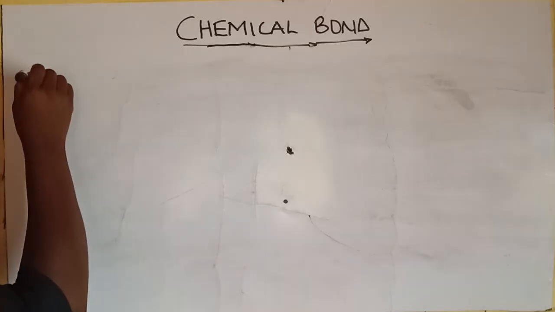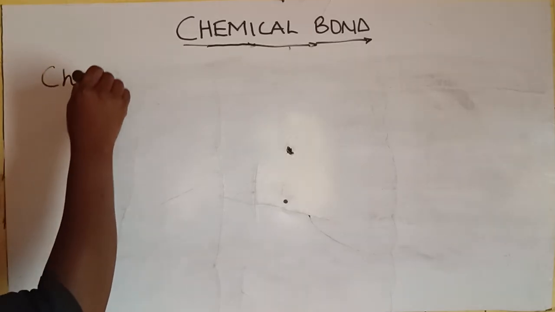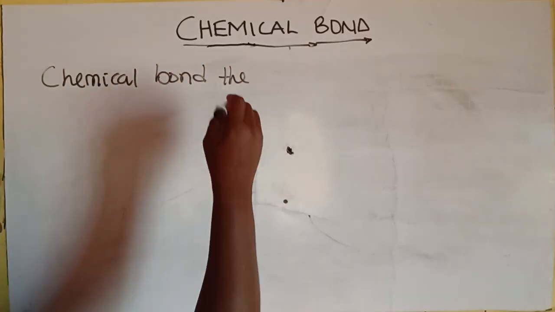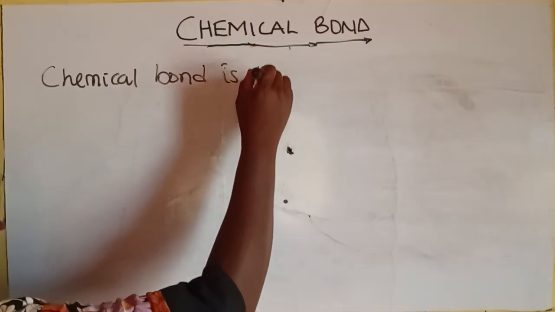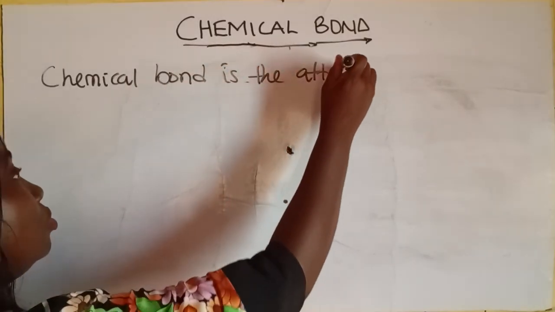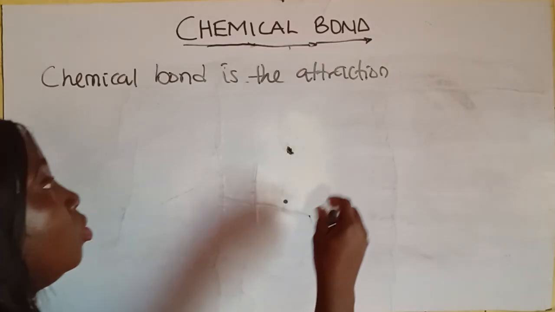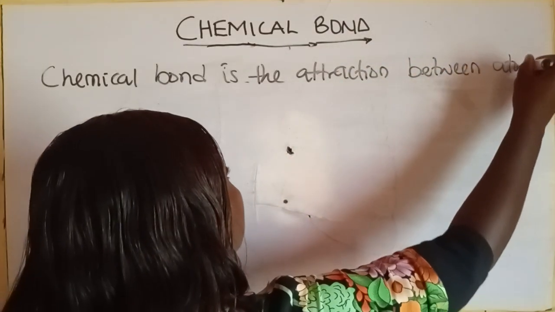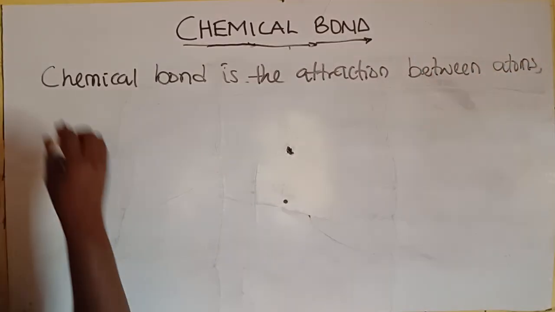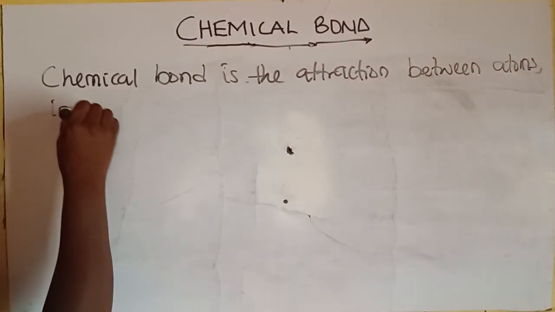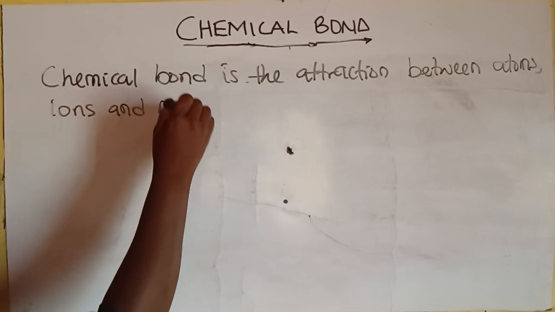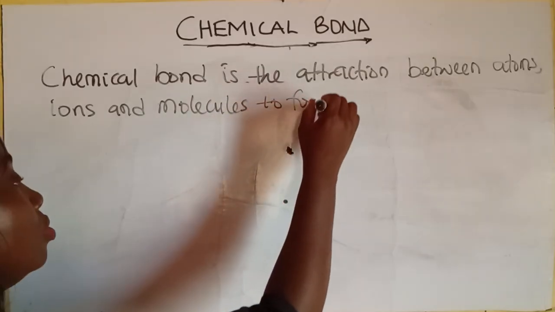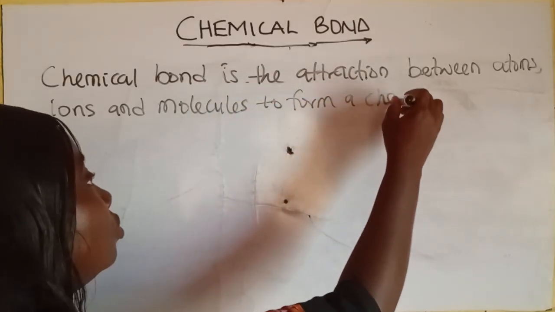A chemical bond is the attraction between atoms, ions, and molecules to form a chemical compound.